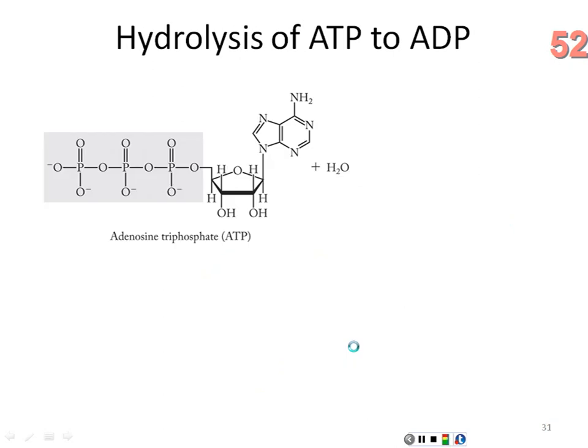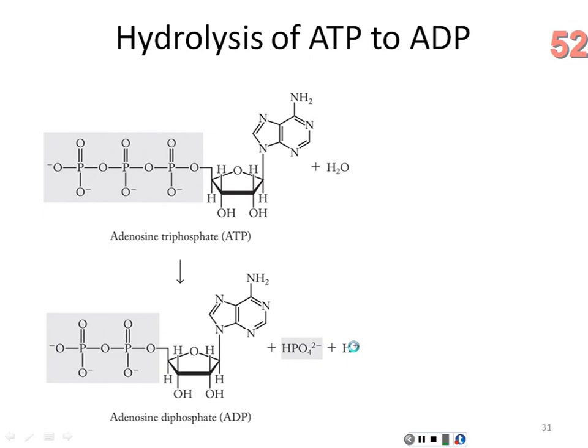If we look at the hydrolysis of ATP to ADP, that's adenosine triphosphate to adenosine diphosphate, this reaction is very spontaneous. It has a delta G of minus 30.5 kilojoules per mole.